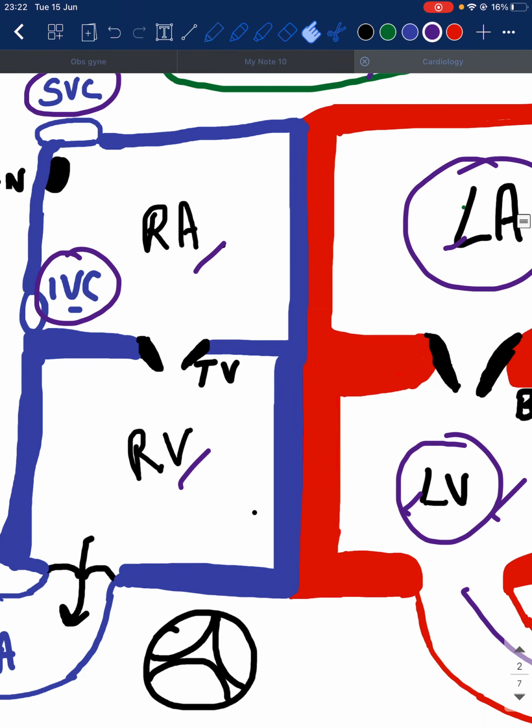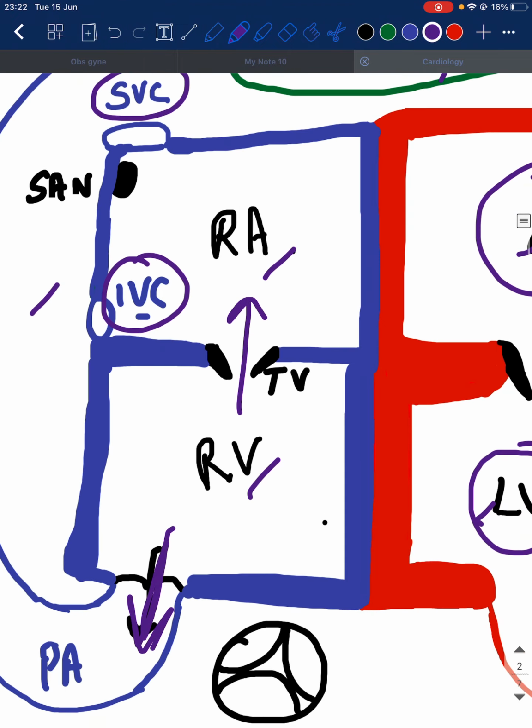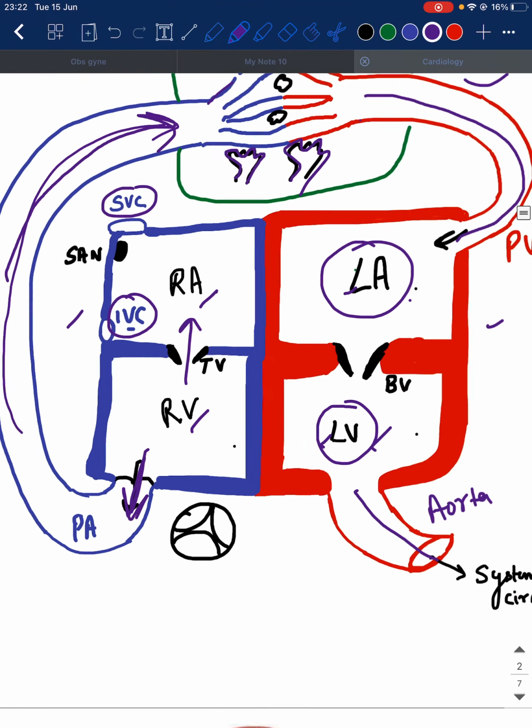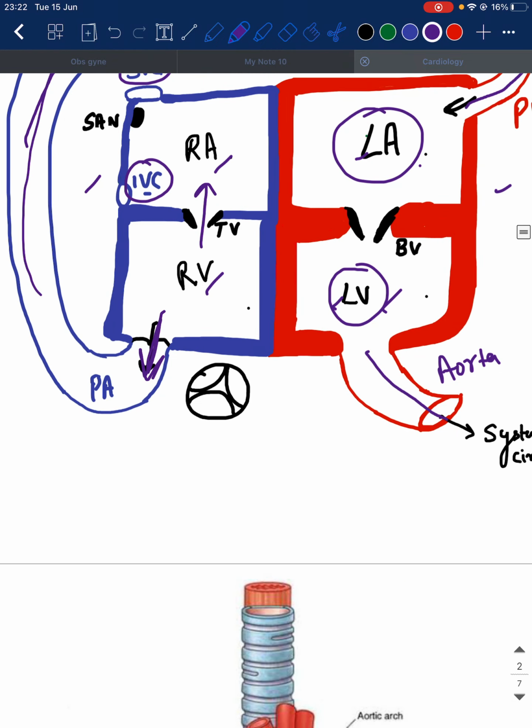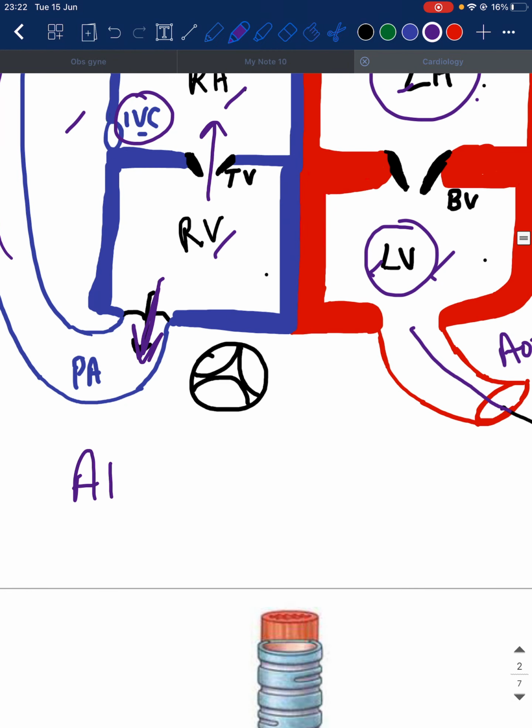So there should be a valve-like mechanism so the blood doesn't go back. Blood should not go back, right? Blood has to go this way. So nature has made a valve between both atria and ventricles. It is known as the atrioventricular valve. Okay.